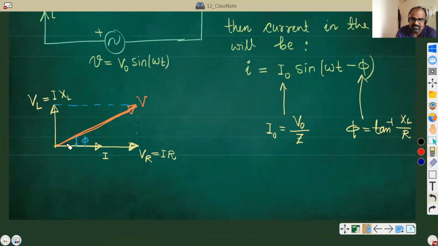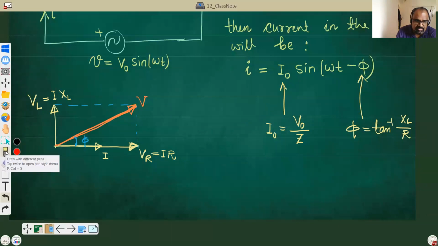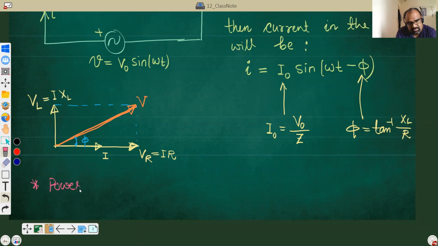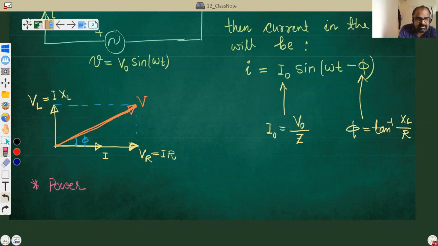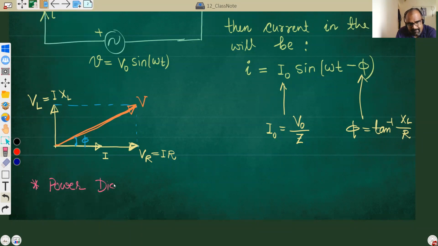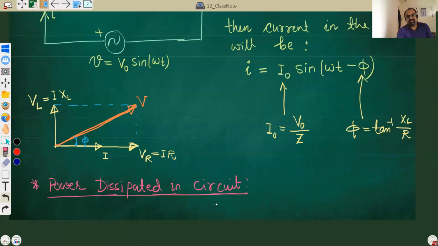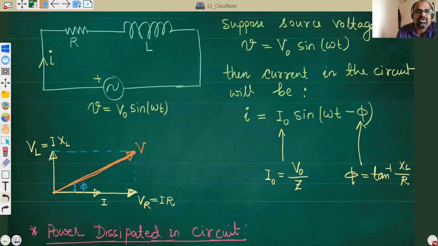Okay, one last thing. How much is the power dissipated in the circuit? Now, very recently, just 15 minutes back, I had told you that in the AC chapter, power is dissipated only in the resistor, not in the inductor, not in the capacitor.